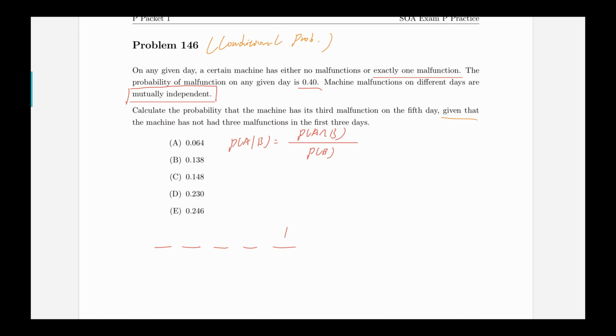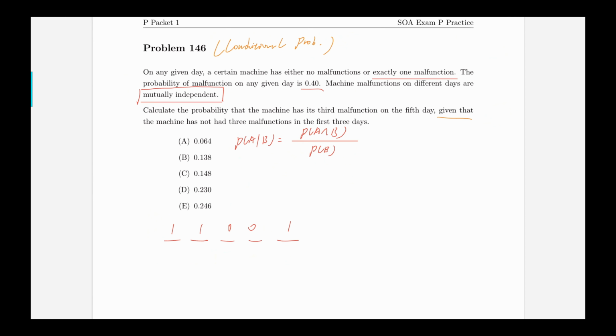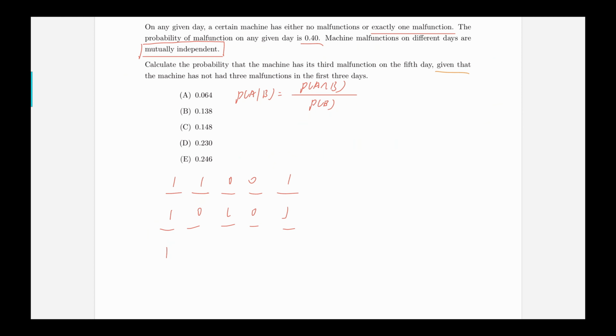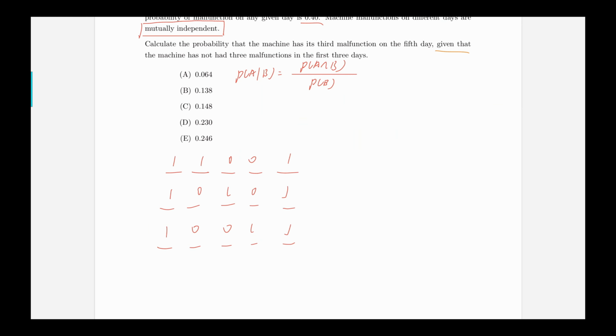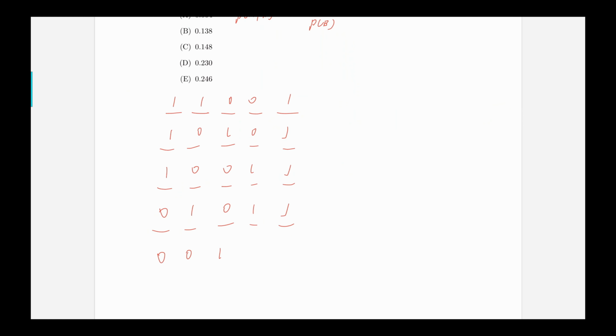So it's a 4 choose 2 situation, which gives us 6 possibilities. So 1, 1, 0, 0, 1. I can do 1, 0, 1, 0, 1. I can do 1, 0, 0, 1, 1. That's also one possibility. I can do 0, 1, 0, 1, 1. And finally 0, 0, 1, 1, 1.